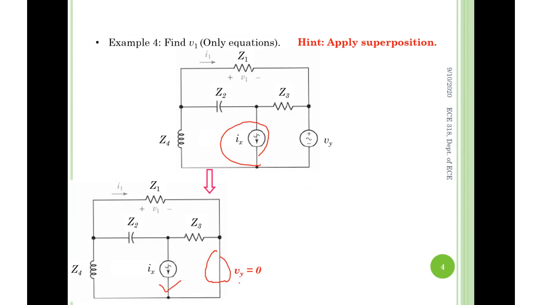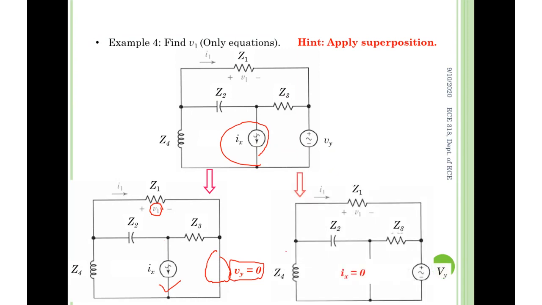Short it out, what's the consequence? Your voltage becomes 0, as we just said. And then inside of this circuit, you're looking for what? V1, right? And then what do you do? You keep the voltage source and open, or say eliminate, the current source.